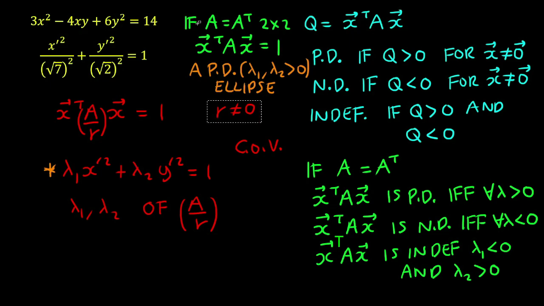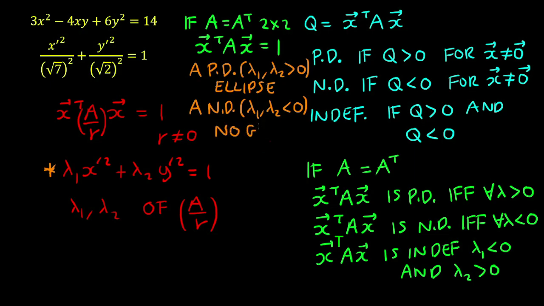And now let's make a bit of space. So the second condition is that if the matrix A is negative definite, meaning both eigenvalues are less than 0, then the quadratic form has no graph.